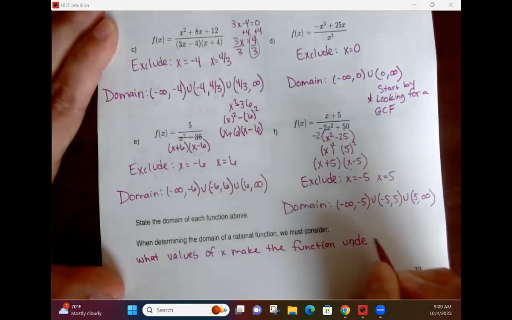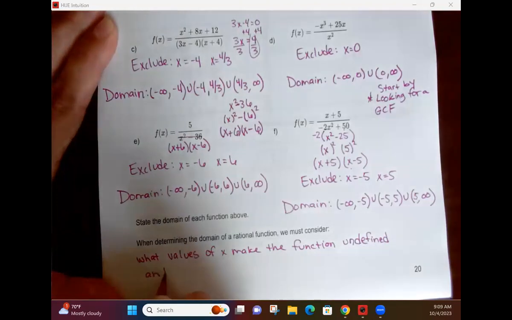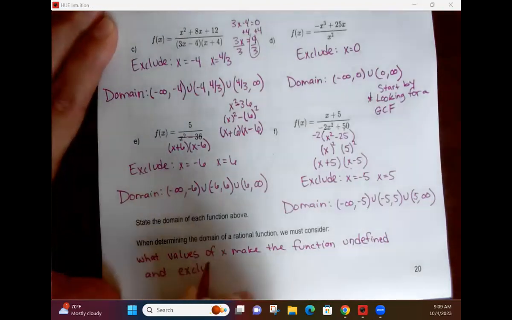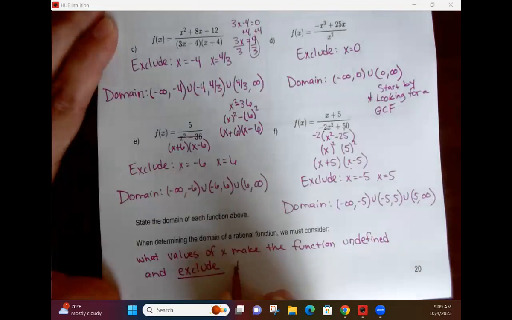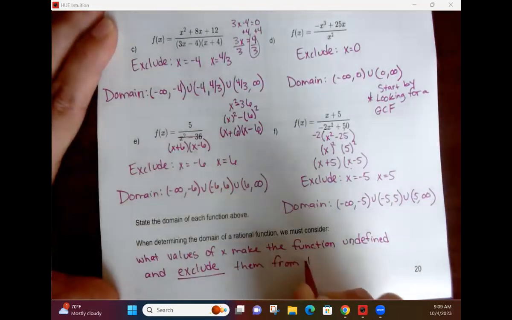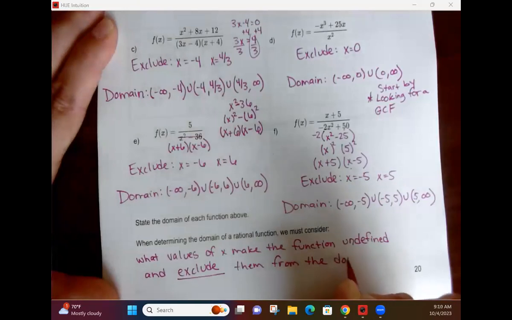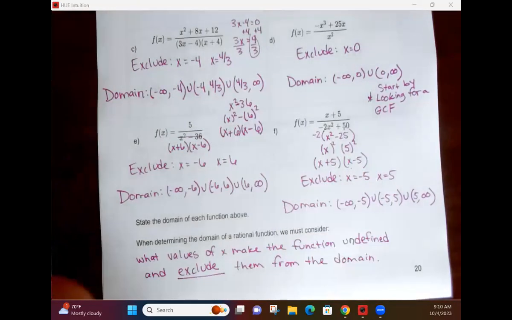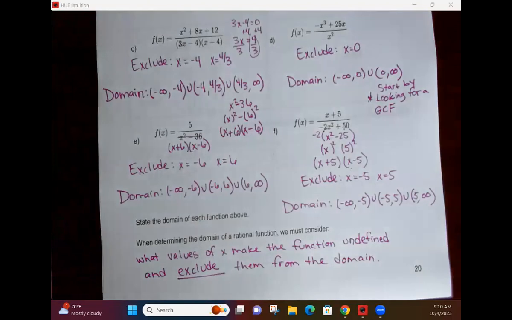What makes this undefined? And exclude those values from the domain. So that's the big idea. What values of x would make my function undefined? Exclude them from the domain.